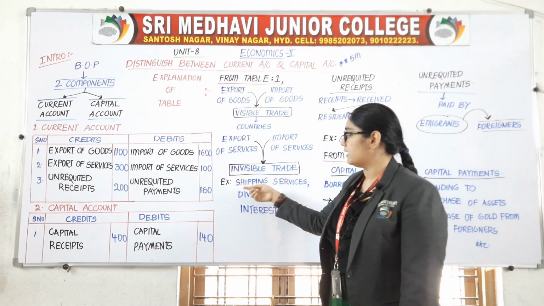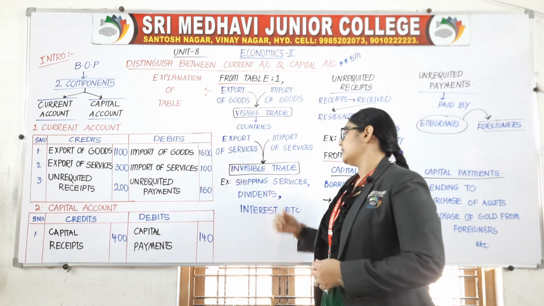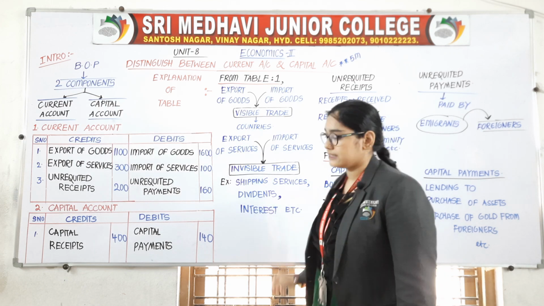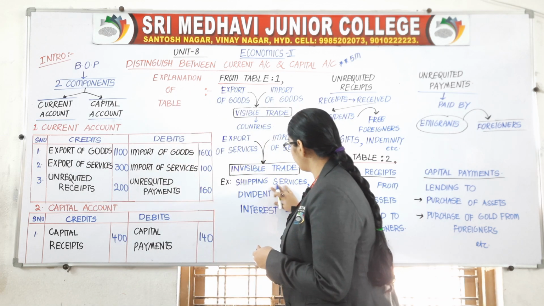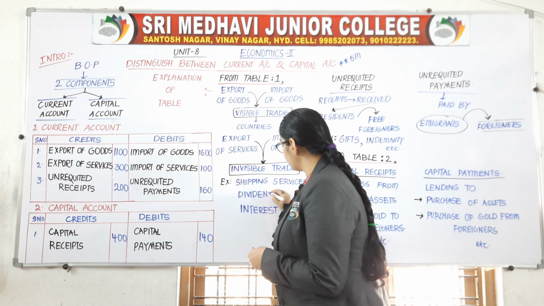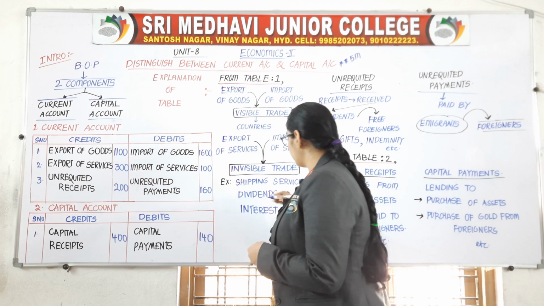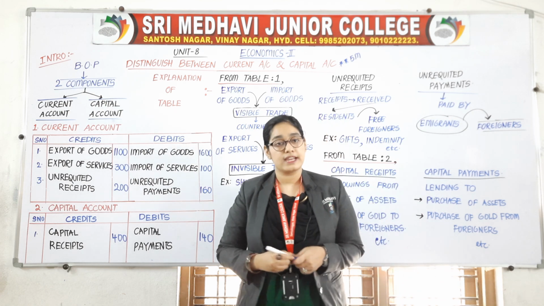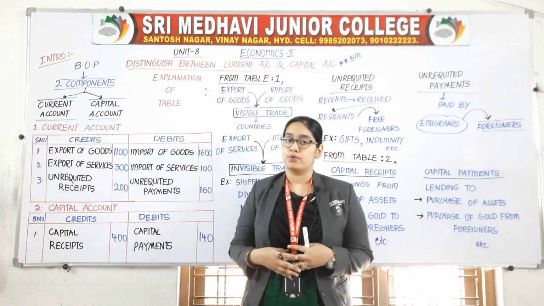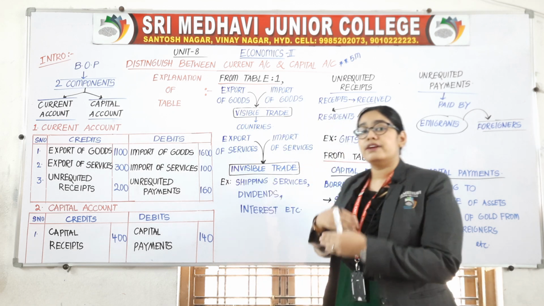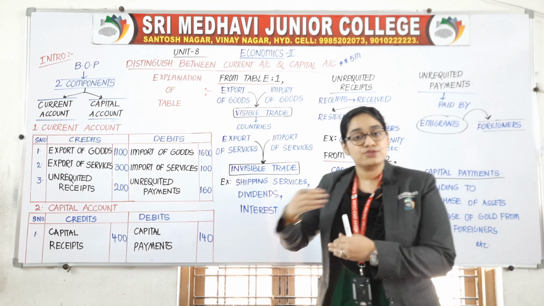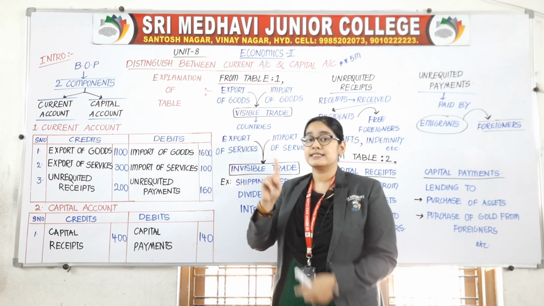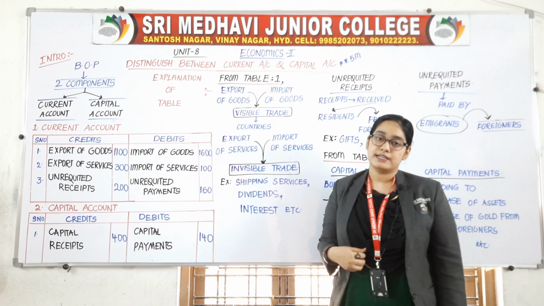For example, shipping services, dividends, interest, etc. Shipping services means whenever we do trade through water transport. Is that clear? Whatever the shipping charges are, that is also a service, and that comes under invisible trade.